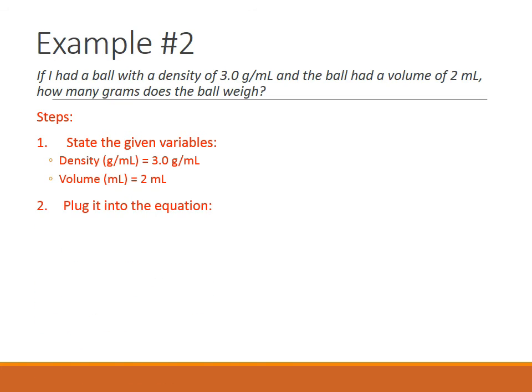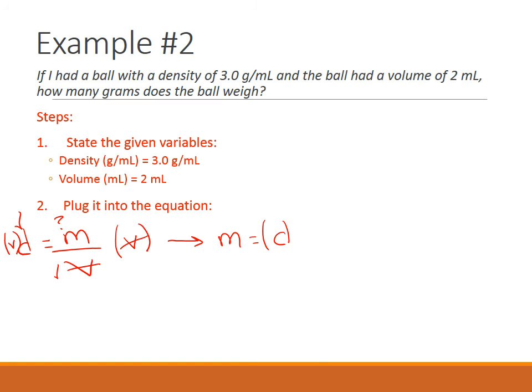So how do we plug this into our equation? Our equation is D equals M over V. We have our density, and we have a volume. We want to find our mass. To do that, we need to rearrange the equation to get mass by itself. So I'm going to multiply both sides by V. My V would cancel out on this side, and I'm left with mass equals density times volume.